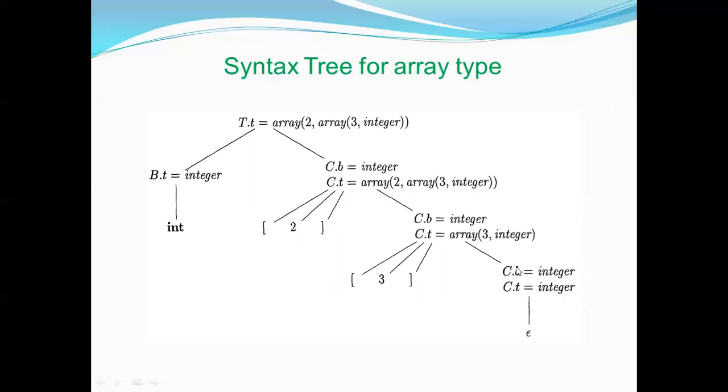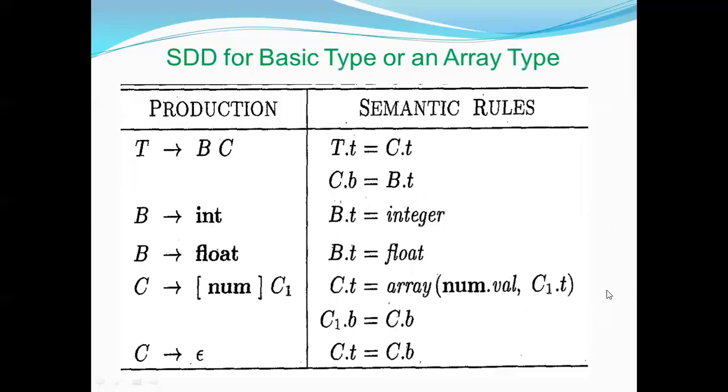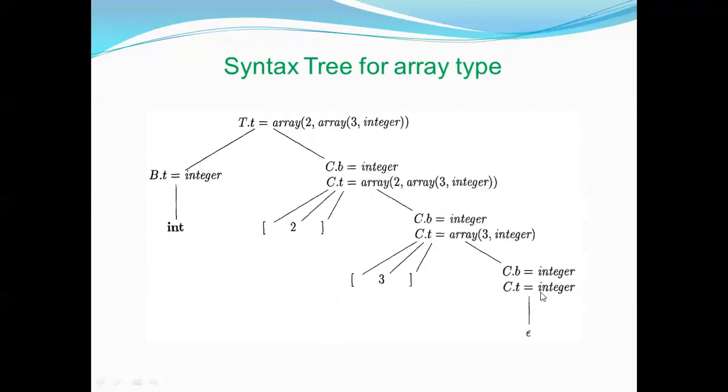So how am I going to get the data type? Once I apply the epsilon, my C.b value becomes my integer value for the synthesized attribute. Once I get this value, I execute the rule for C1.t. The C1.t is nothing but my integer value. Once I get this integer value, this node will be executed.